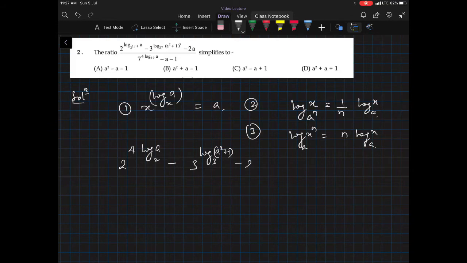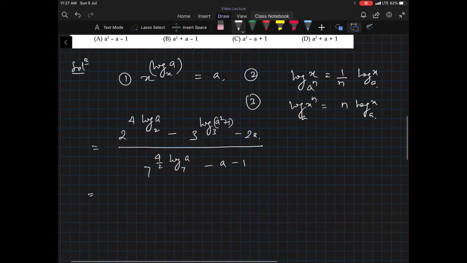Next, minus 2a divided by, so in the numerator I have applied formulas 2 and 3. Similarly in the denominator we can write log 14 base 49. 49 is 7 square, so log base 7 square becomes 1 by 2, applying formula number 2, and it will become a minus 1.